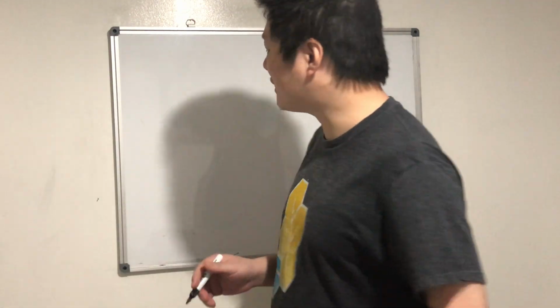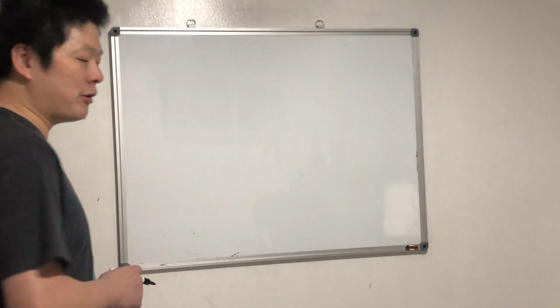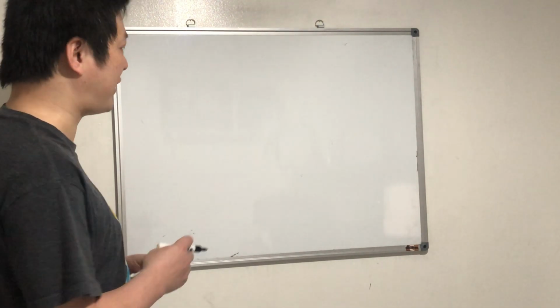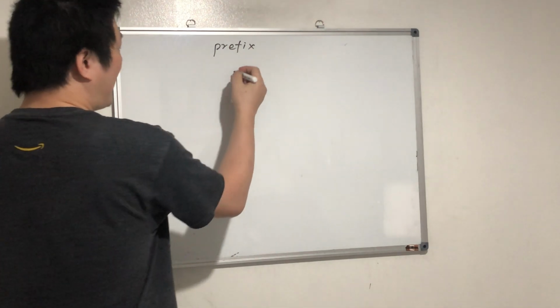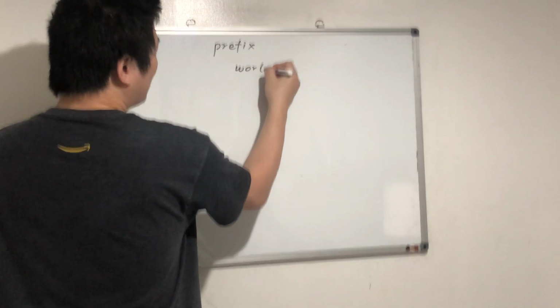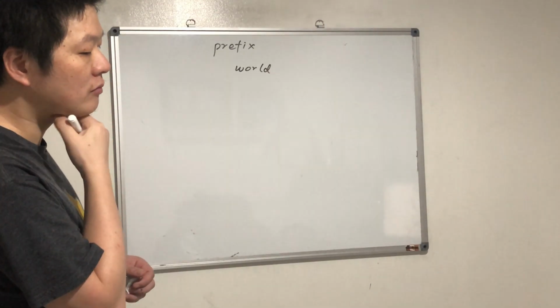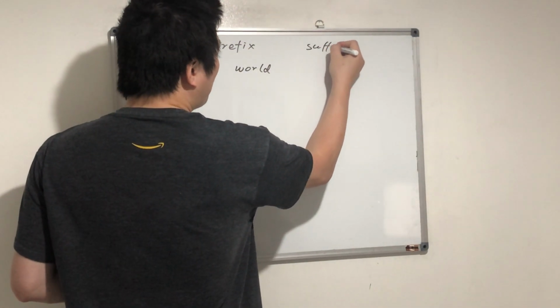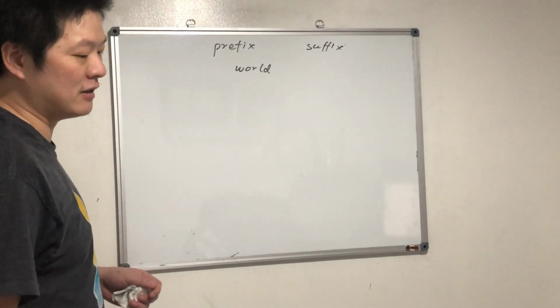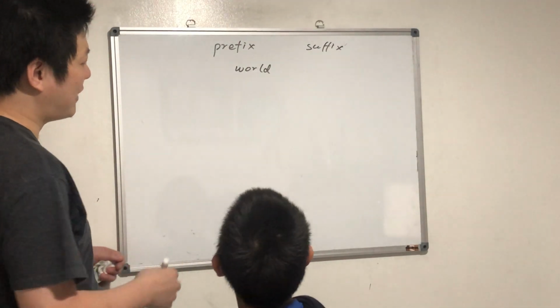Okay, so we want to talk about longest prefix. What's a prefix? The opposite of prefix is suffix. Can you tell me how many prefixes there are in the word? Five. What are those?